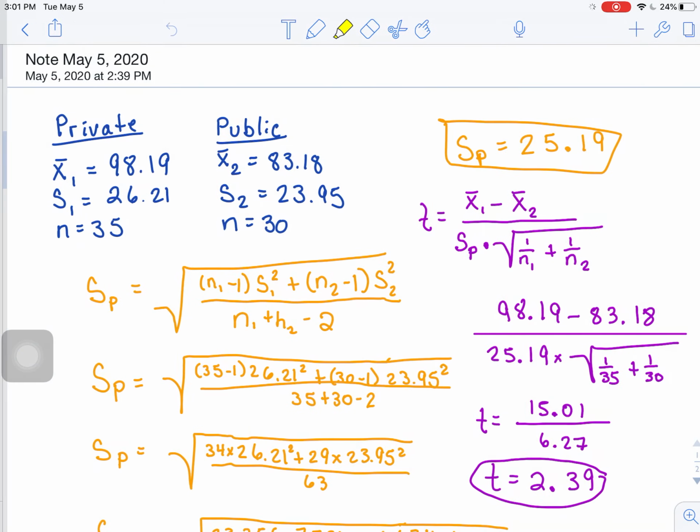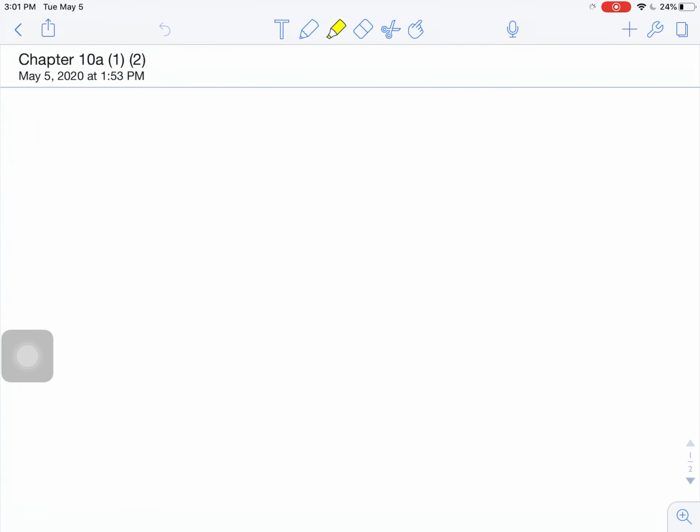So going back over to our earlier notes, we would have our dynamic mean is 394.6. Our static mean is 468.3.